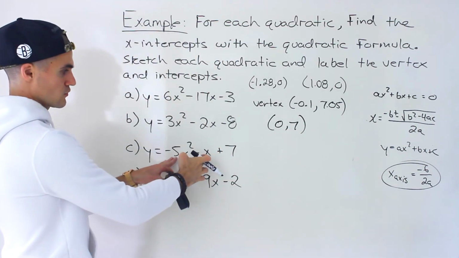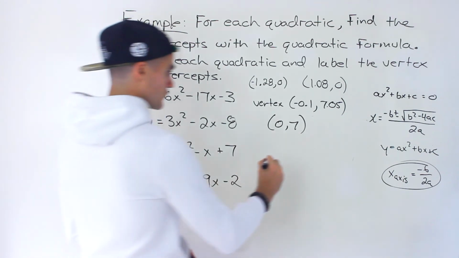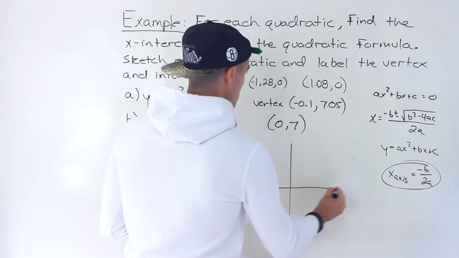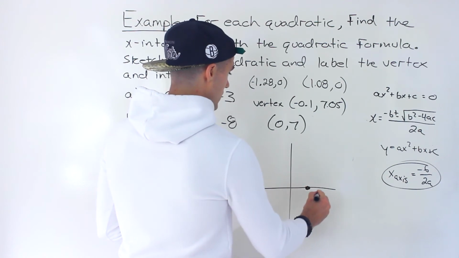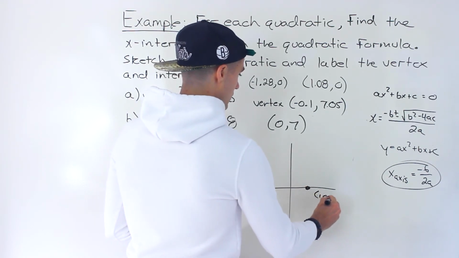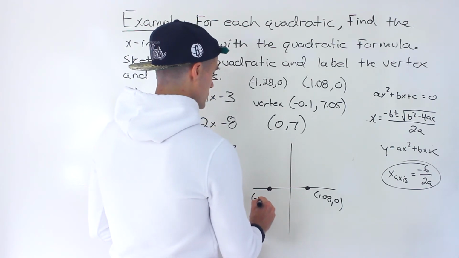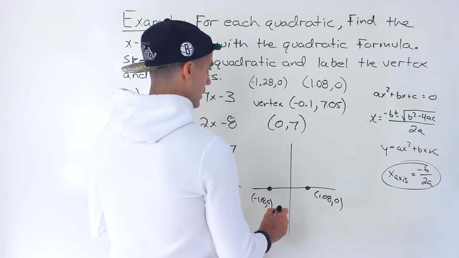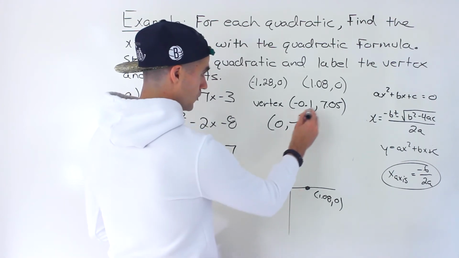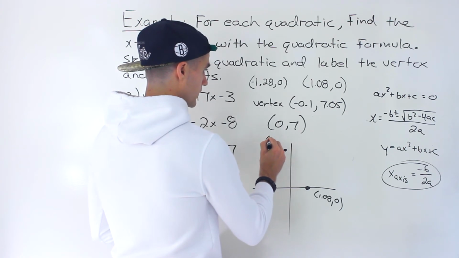If we plug in 0 for the x's, we'd end up with a y value of 7. So if we plot these, we'd have 1.08 and 0, and then over here we'd have negative 1.28 and 0. Then we'd have negative 0.1 and 7.05. That would be like up here.